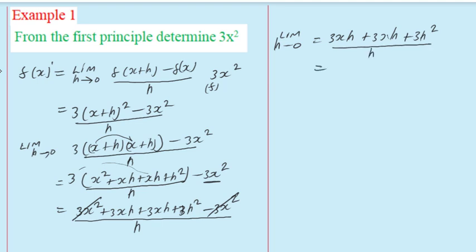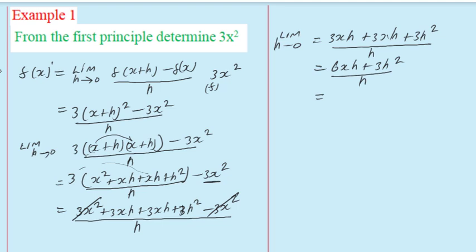And therefore I can take the like terms together, so 3xh plus 3xh, we have 6xh plus 3h squared, everything divided by h.